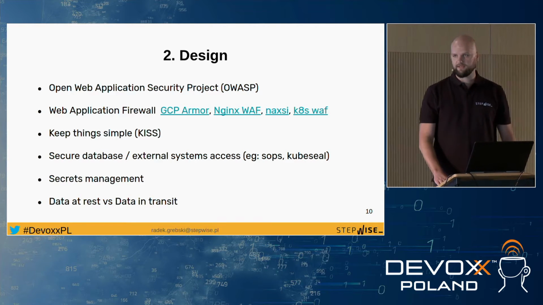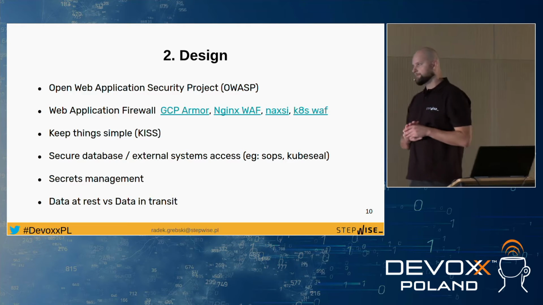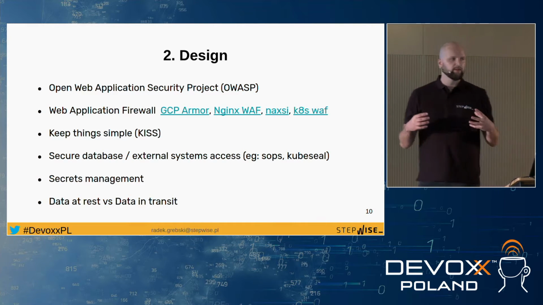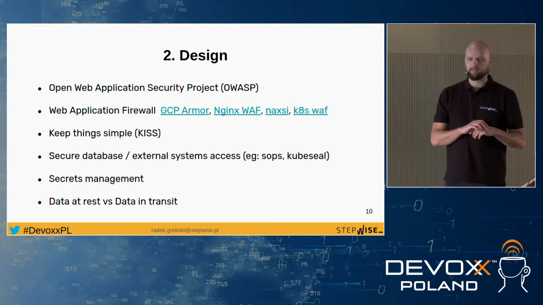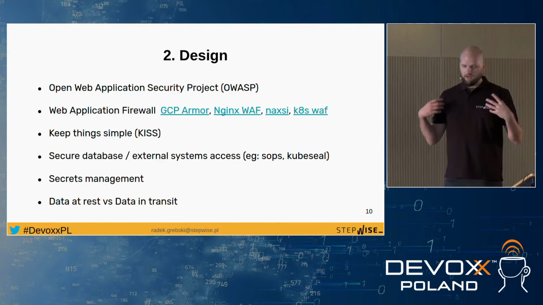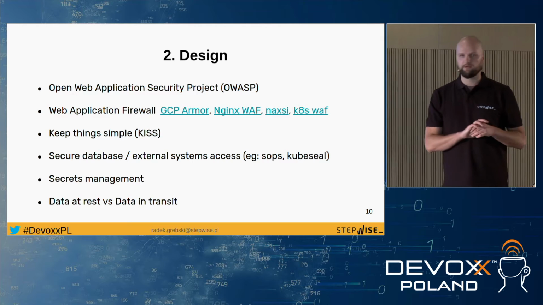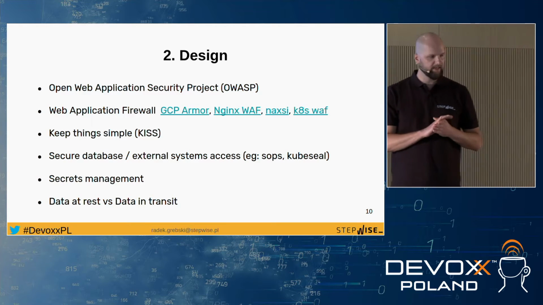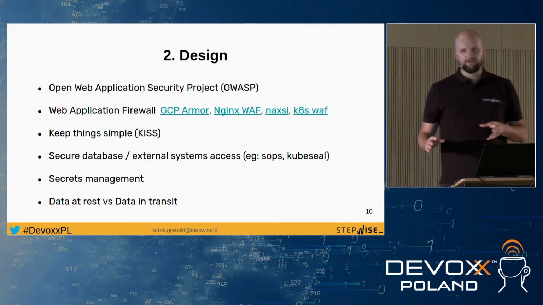So after the requirement analysis phase, we have the design phase. At this phase, I guess after security training and getting more knowledge about security, we are already familiar with the Open Web Application Security Project, which I will tell you a bit more about in the next slides. We should already know what a Web Application Firewall is.